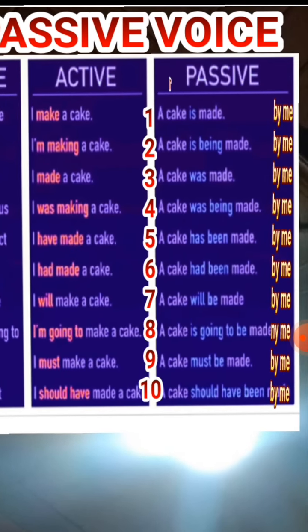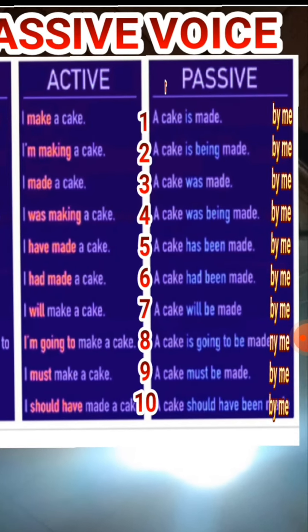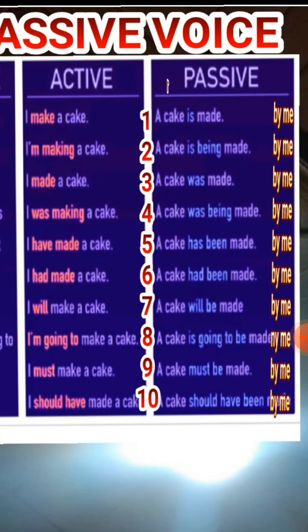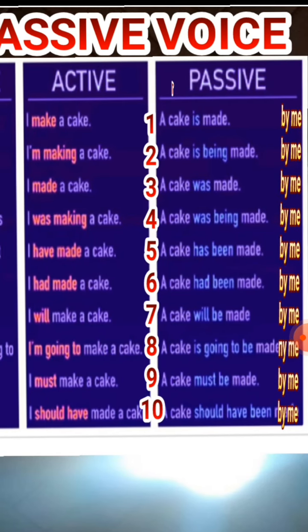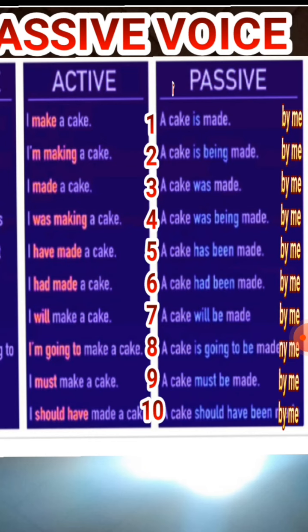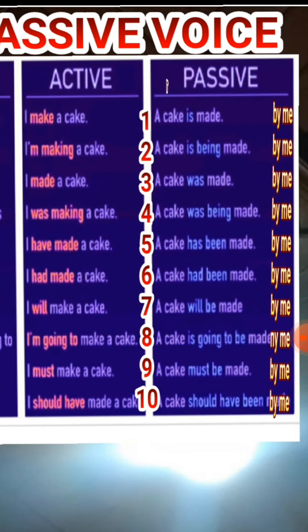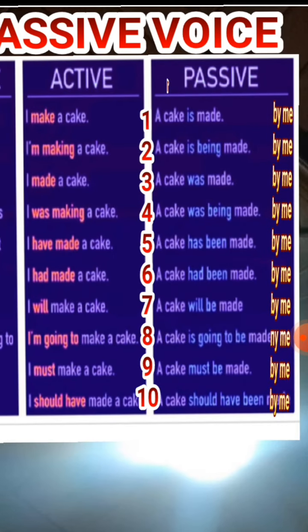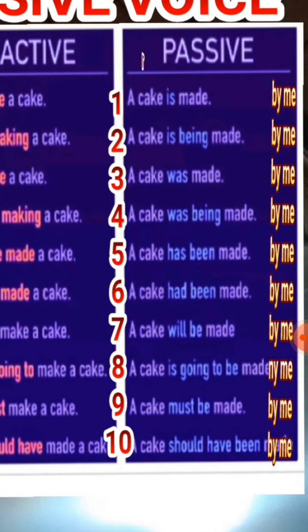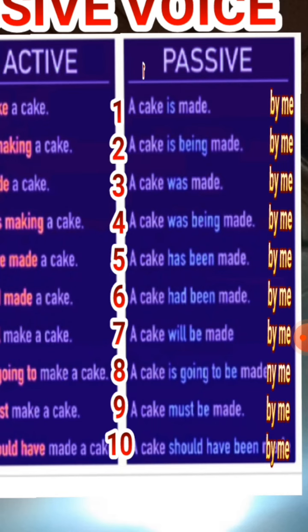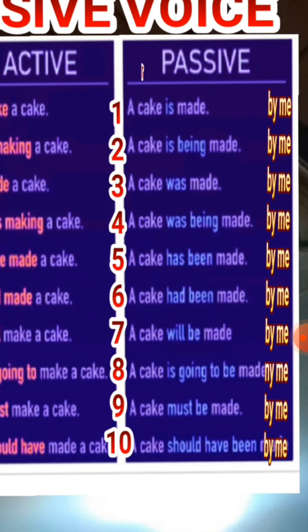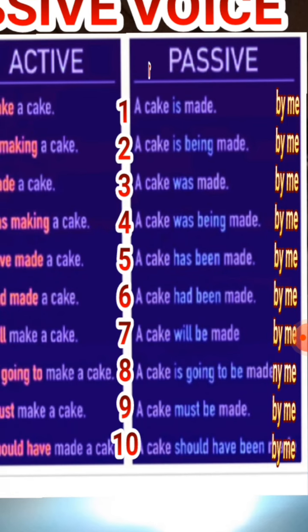Now, we all know that active voice is the sentence when the subject of the sentence does the activity. On the other hand, in passive voice, the subject is done by the activity.